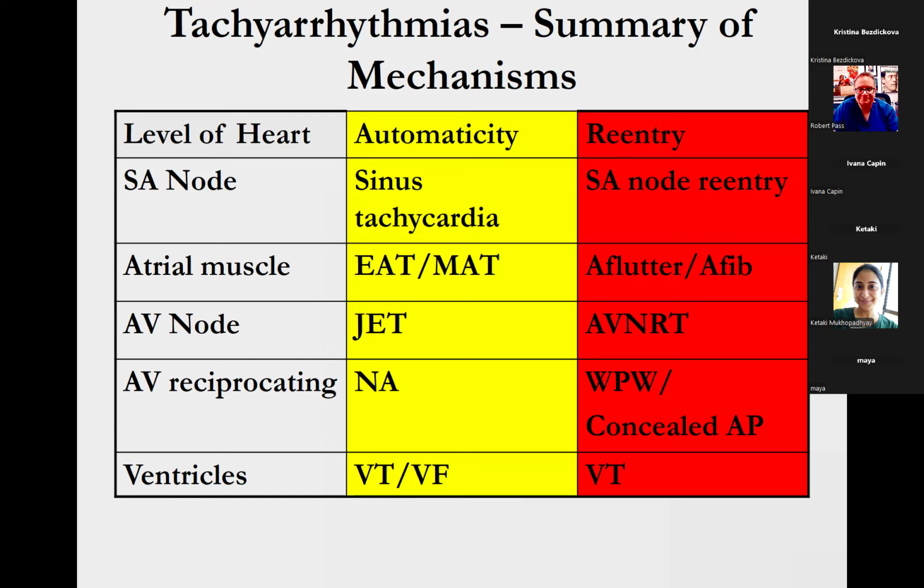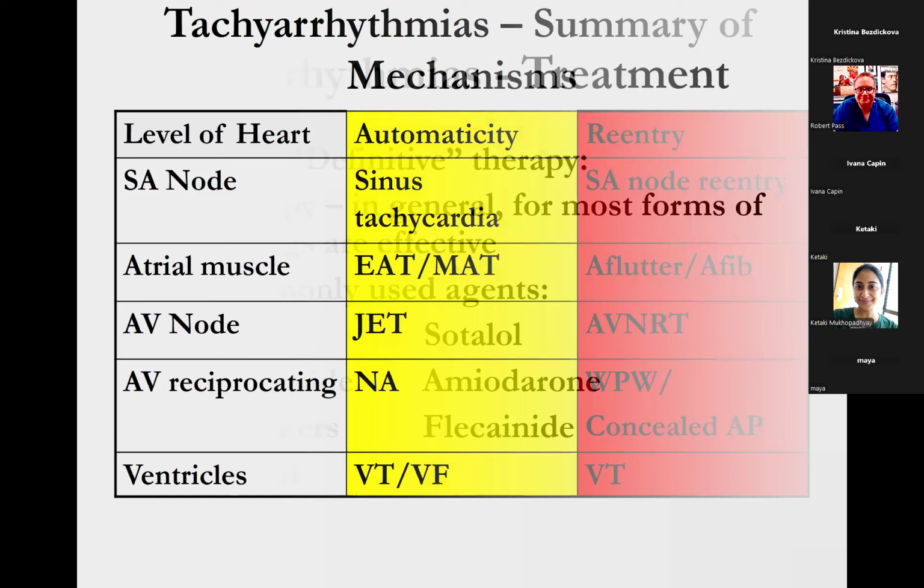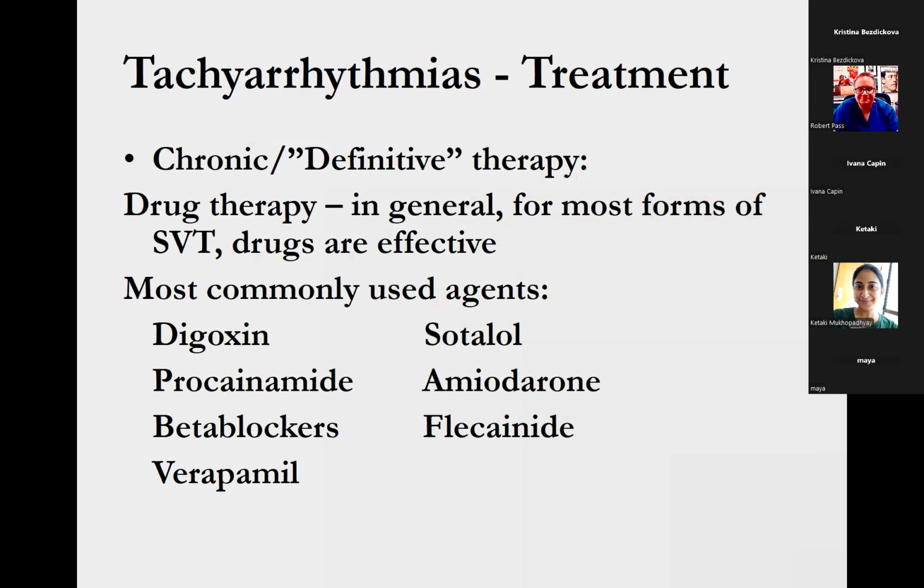Okay, so we'll just do a very brief overview of therapy for arrhythmias, and then starting next week, we'll do a review of different drugs in more depth, as well as cases. Okay, so we'll first start with chronic or definitive therapy.